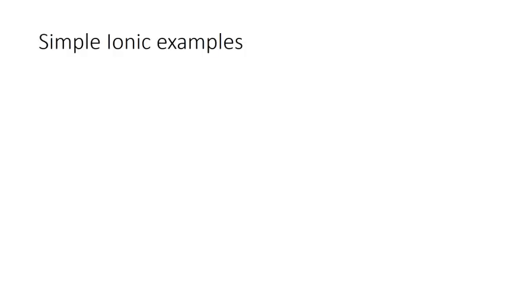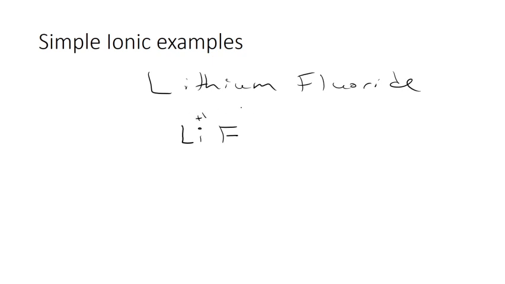Okay, so some simple ionic examples. We saw one, it was sodium chloride. Another might be lithium fluoride. Lithium, we know it's Li, fluoride, fluorine. If we look, this has a plus 1, this has a plus 1.